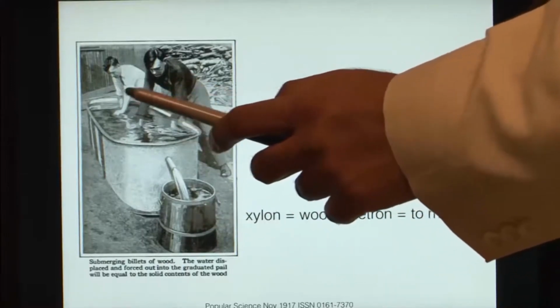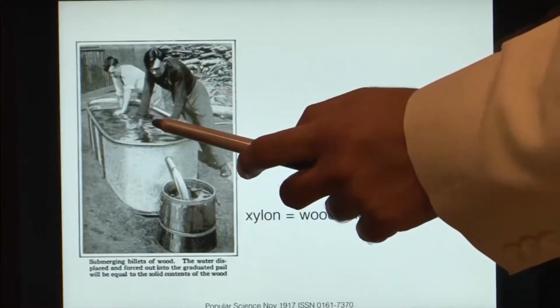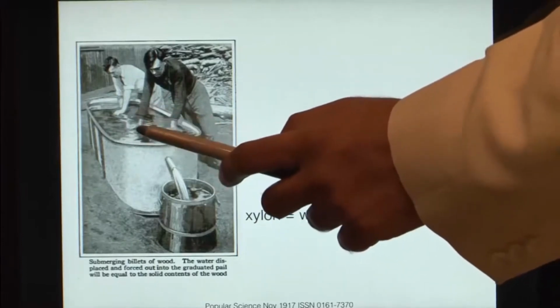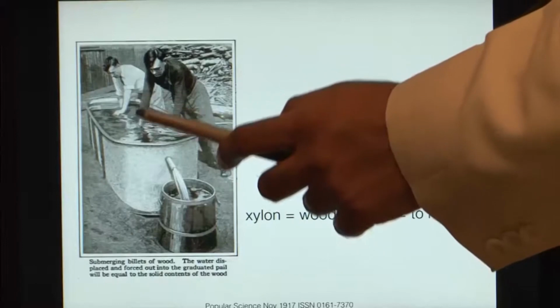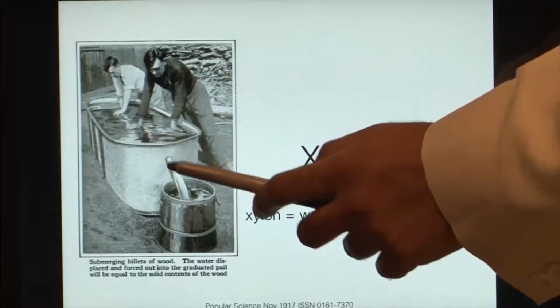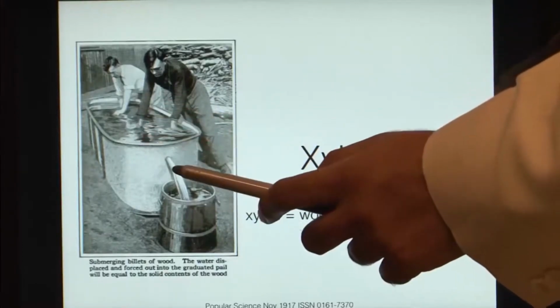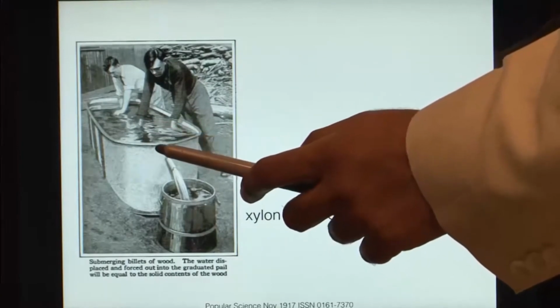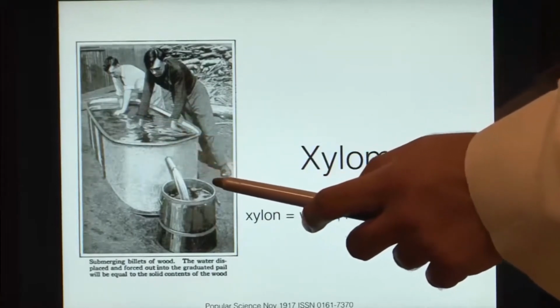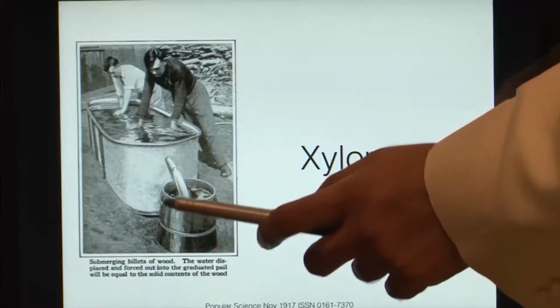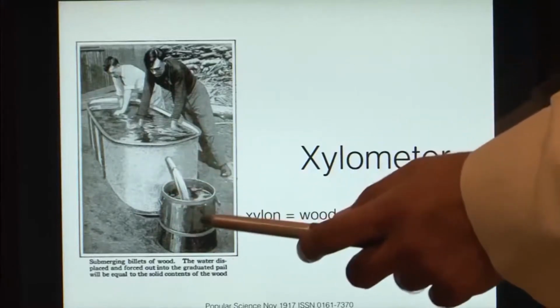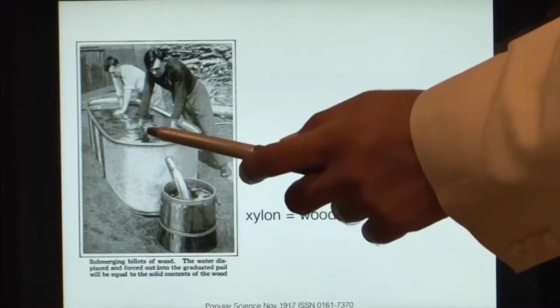What these two gentlemen are doing here is putting a large volume of wood inside and pressing it, so that the whole volume of wood comes inside the water. When it does so, some amount of water will be displaced, which will come into this pail or bucket, and then this bucket's water will be measured to give you the volume of wood.